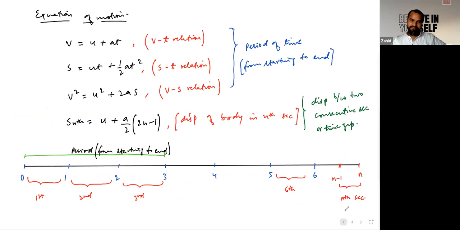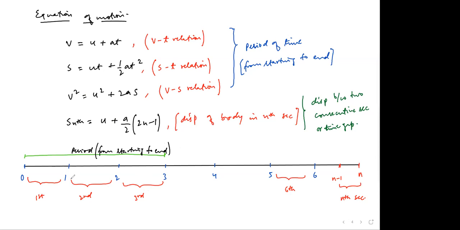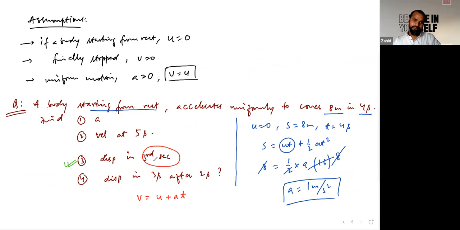As initially I defined for you, if there is a time from the starting to that particular end, it is called a period of time. And if the time is defined for two consecutive time gaps, it is called just a point of time. Just like between 2 and 3, it is called the third second. Between 1 and 2, it is called the second second. Is it similar to that? Yes, sir. So we call it a point of time.